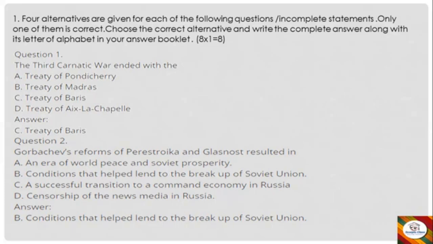Gorbachev's reform of perestroika and glasnost resulted in dash: A. An era of world peace and Soviet prosperity, B. Conditions that helped lead to the breakup of Soviet Union, C. A successful transition to a command economy in Russia, or D. Censorship of the news media in Russia. And the answer is option B, conditions that helped lead to the breakup of Soviet Union.